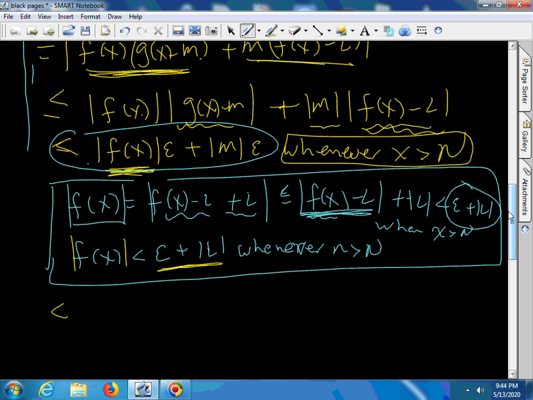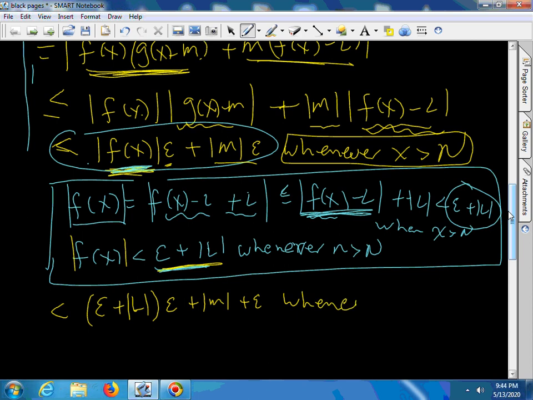Okay, now, like I said, that's less than epsilon plus L. So we have less than epsilon plus the absolute value of L times epsilon plus the absolute value of M plus epsilon.